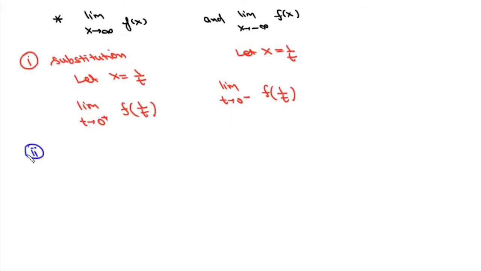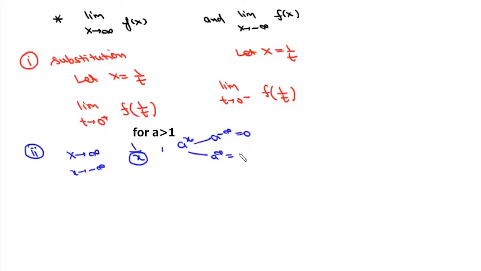And the second method is by expressing elements of the function in such a way that when x approaches infinity or x approaches minus infinity, these elements become 0. So we'll try and take this x in the denominator, or if we have this a to the power x, we know that a to the power minus infinity is 0, whereas a to the power infinity will be infinite.